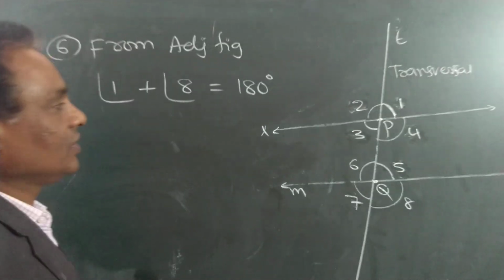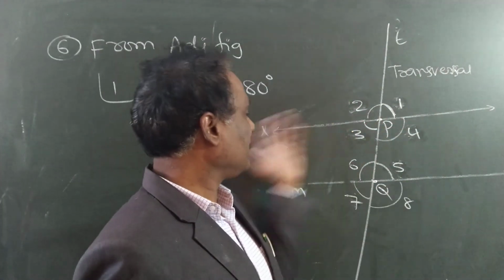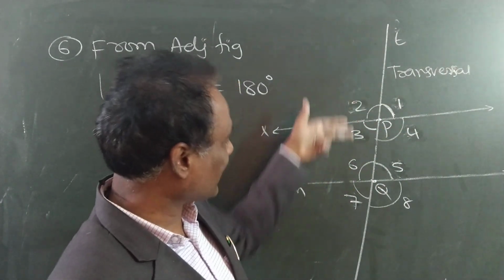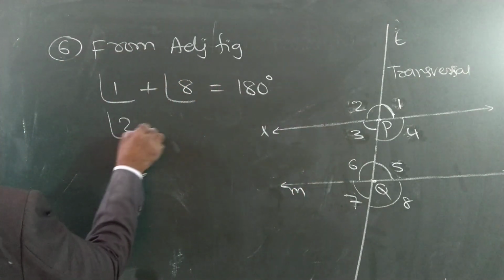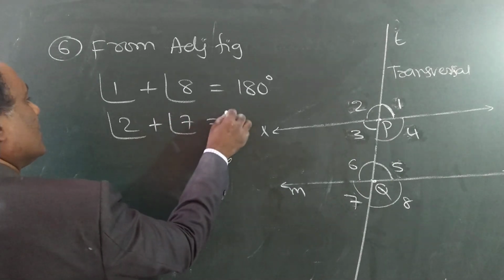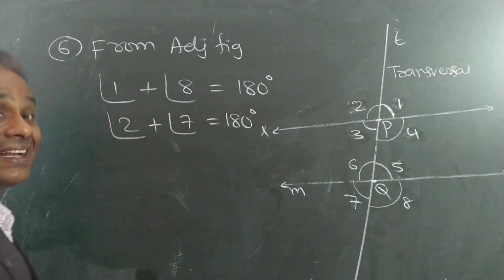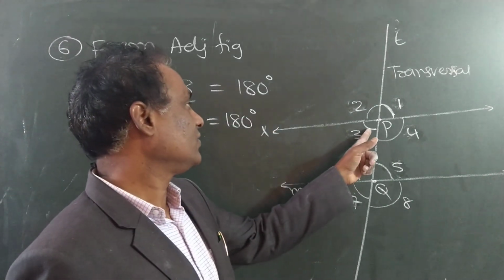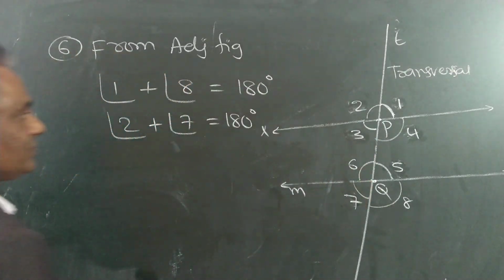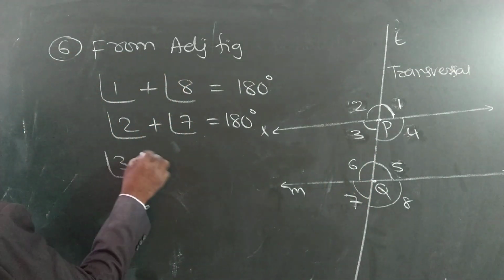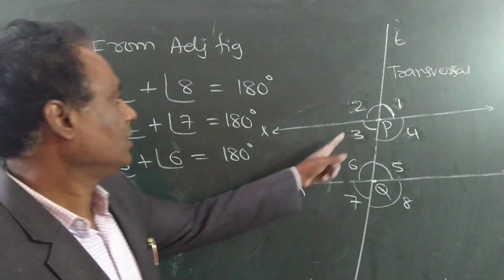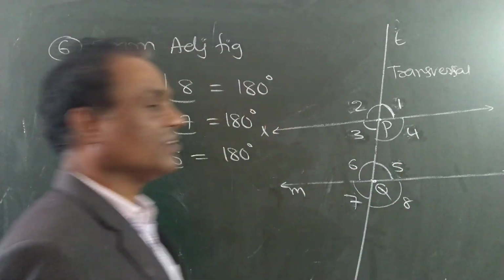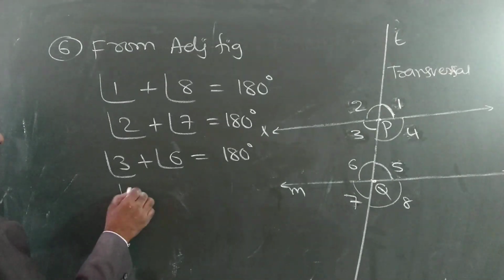Similarly 2 plus 7, both exterior, so angle 2 plus angle 7 is equal to 180. Now take the interior angles on the same side. Angle 3 plus angle 6 is equal to 180. Same side, 4 and 5, add those two also, it is 180.